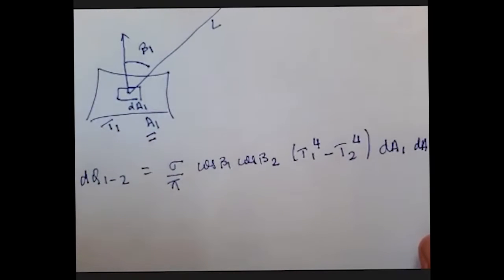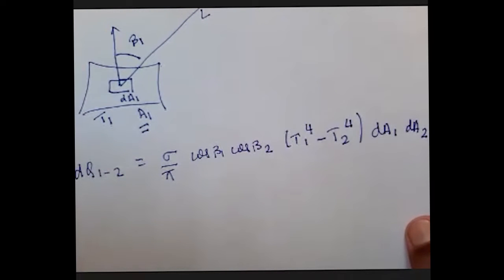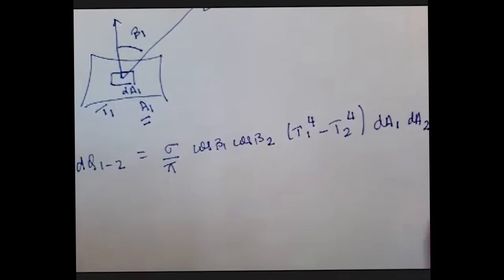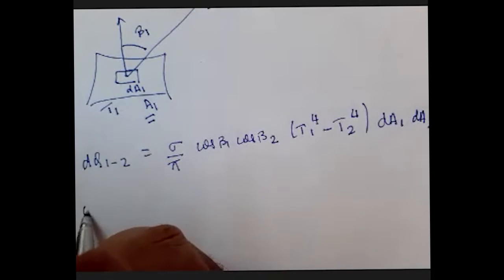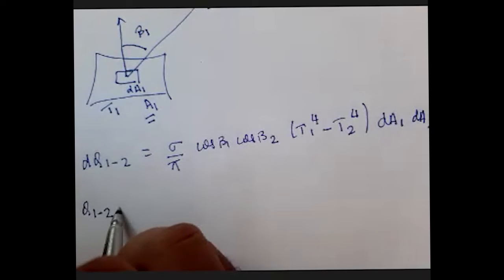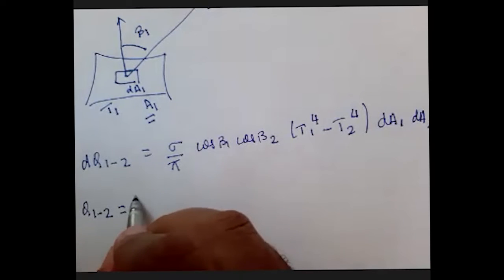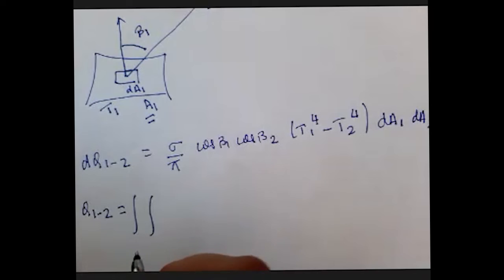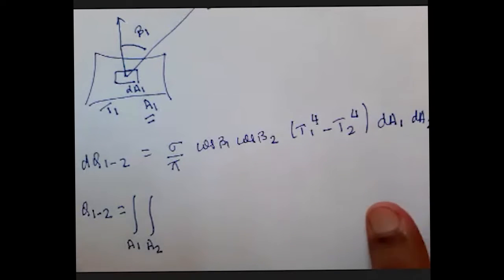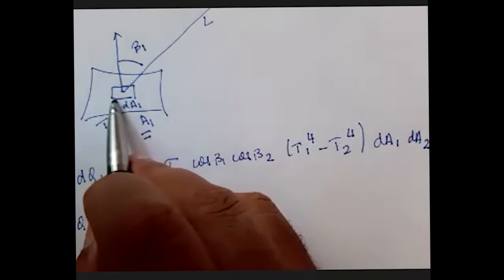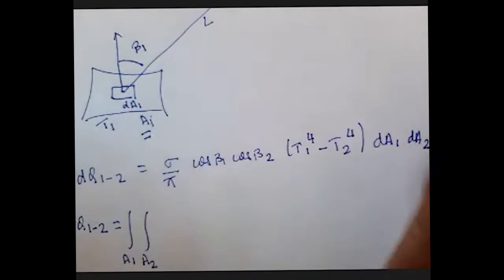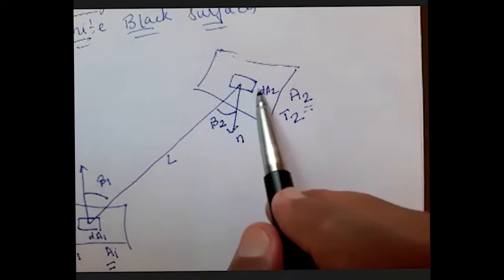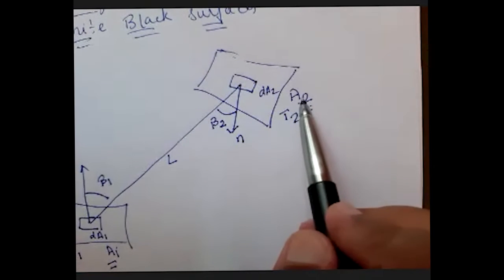In that case, to get the whole surface, I'm going to integrate on both sides. So q1 to 2 is equal to the integral over the surface A1 and over the surface A2, because a small elemental area dA1 was taken out of a finite surface A1, and dA2 was taken out of a surface A2.